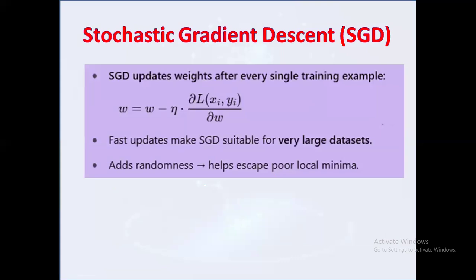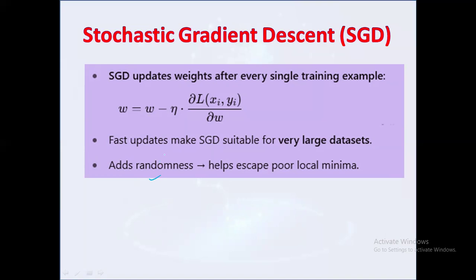SGD updates the model parameters after each individual training sample instead of after processing the entire dataset. This allows for quicker updates and makes it ideal for large scale data. Although updates are more erratic and may not always move directly toward the global minimum, this randomness can be beneficial.